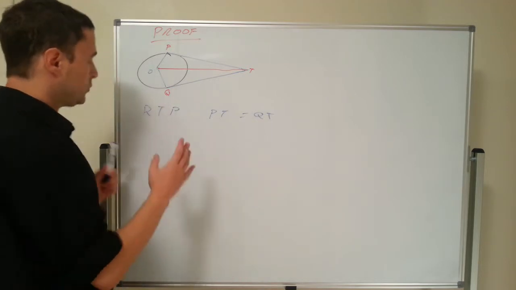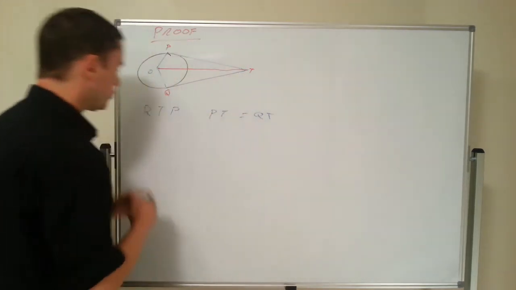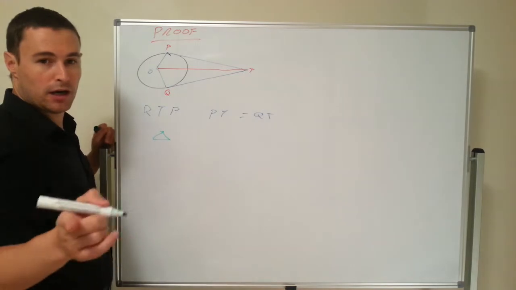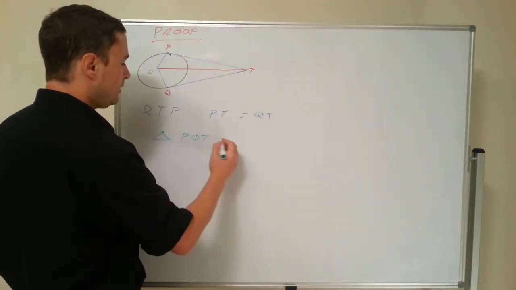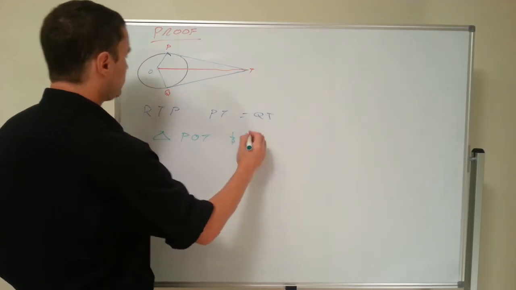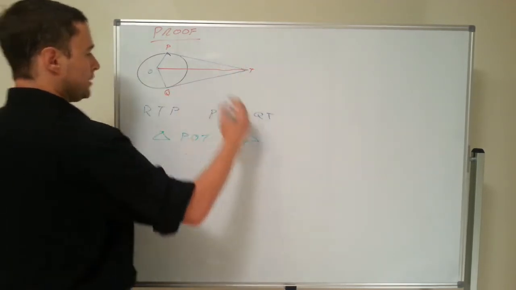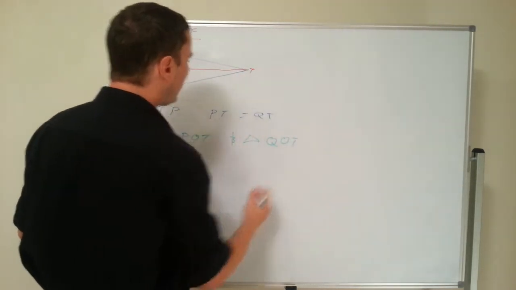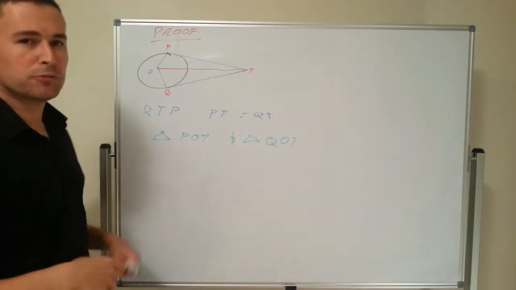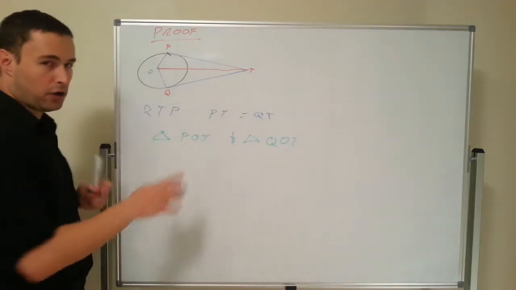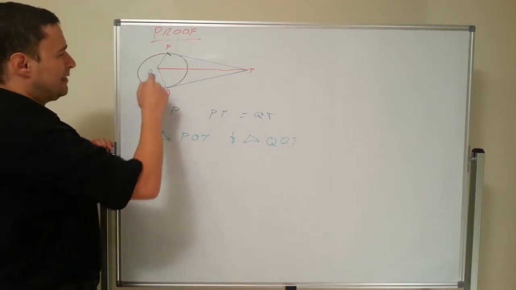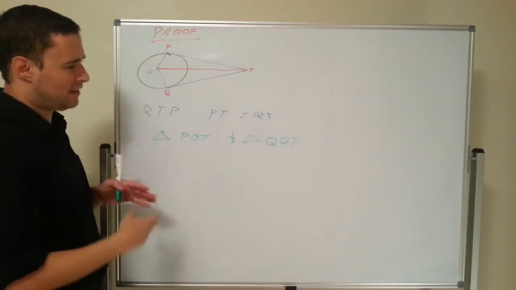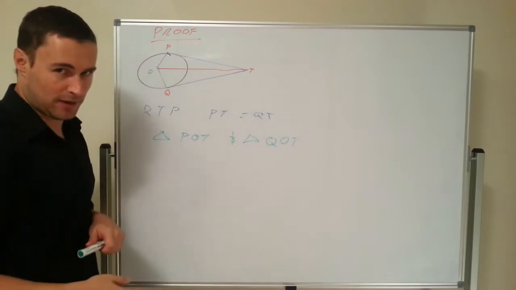Firstly, let's look at these two triangles. I'm going to look in triangle POT and triangle QOT. I find it's a good idea to correspond the angles from the get-go, because you can see Q and P will be the same size, O is the same, T is the same, so I line them up in the beginning.